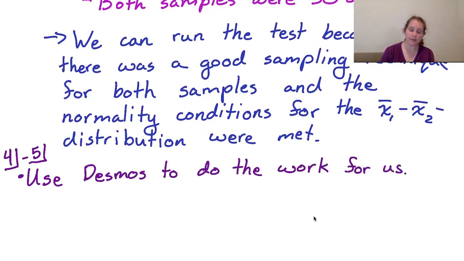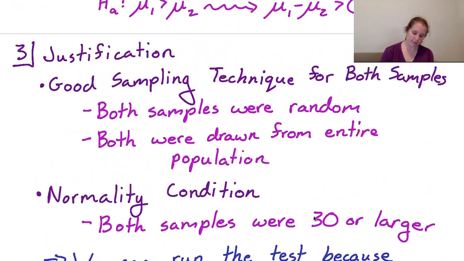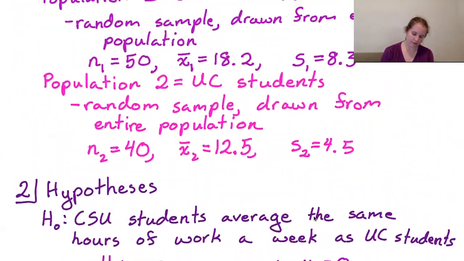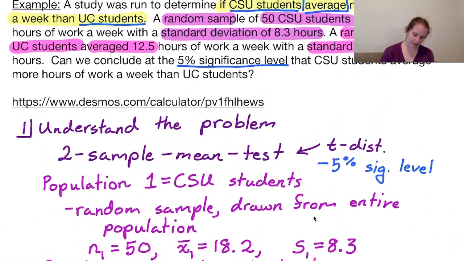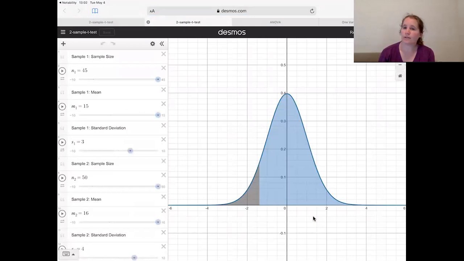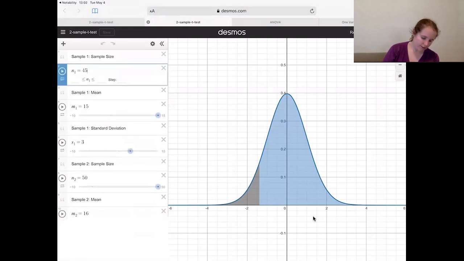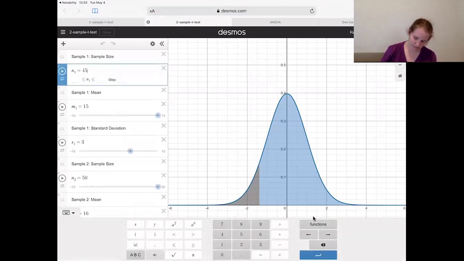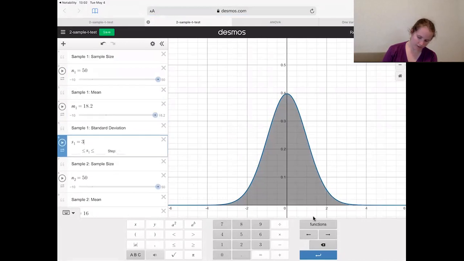So I had a link up at the top to take us to the Desmos program. If we follow this link, we are now going to plug in all that information that we had. So our sample size for sample 1 was 50. The sample mean was 18.2, if I remember correctly. And I believe the sample standard deviation was 8.3.